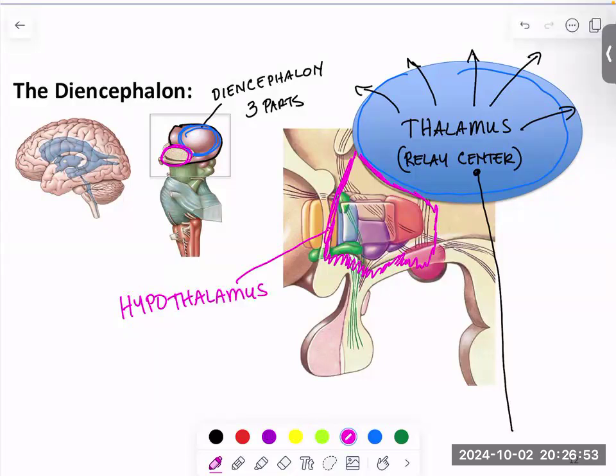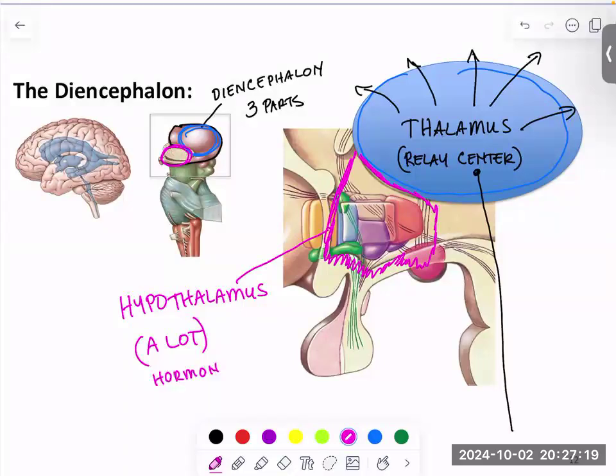This is one of the most fascinating structures. When you read about it, it is dense. One way to summarize it is that you can take a whole class on the hypothalamus. But two things I want you to remember that it does.